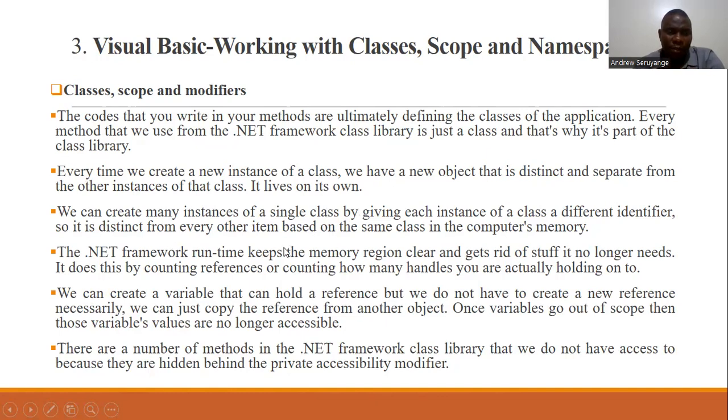We can create many instances of a single class by giving each instance of a class a different identifier, so it is distinct from every other item based on the same class in the computer's memory. The .NET Framework runtime keeps the memory region clear and gets rid of stuff it no longer needs.